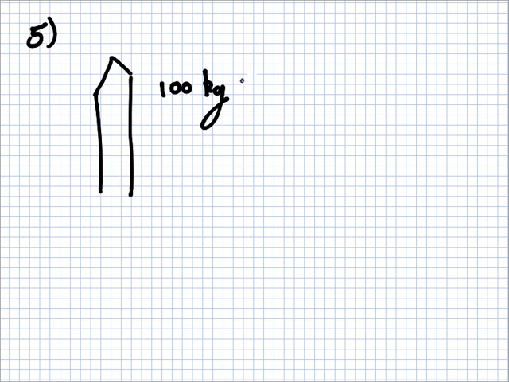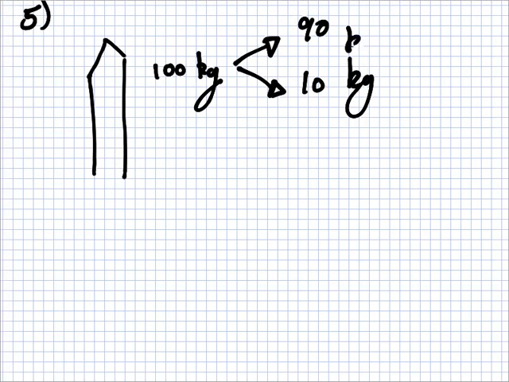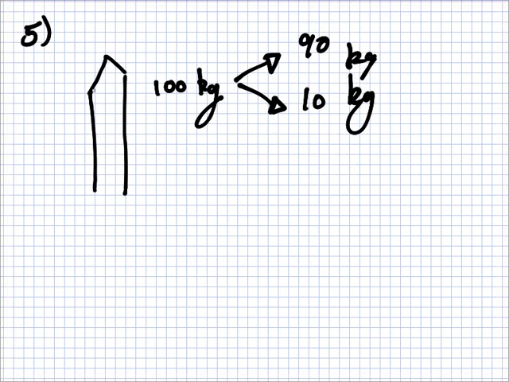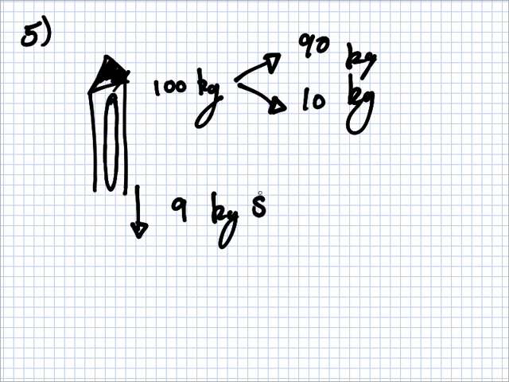So how much of this 100 is fuel and how much is rocket? 10 rocket and 90 fuel. So we imagine the rocket is 10 kilograms and the fuel is 90. Now, the gas comes out at 9 kilograms per second at a speed of 100 meters per second.